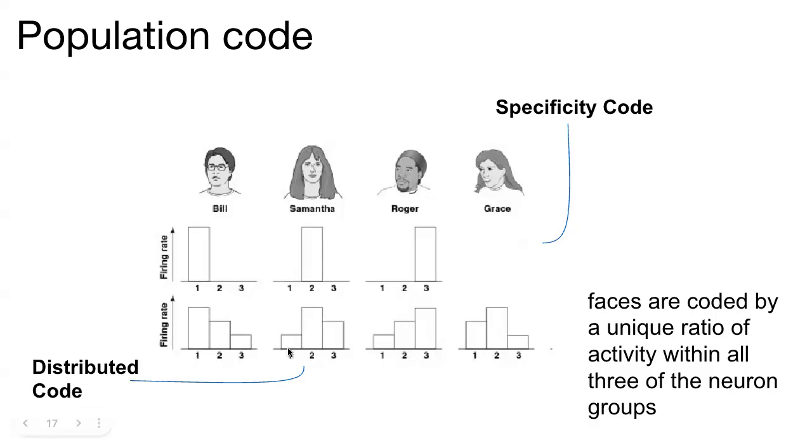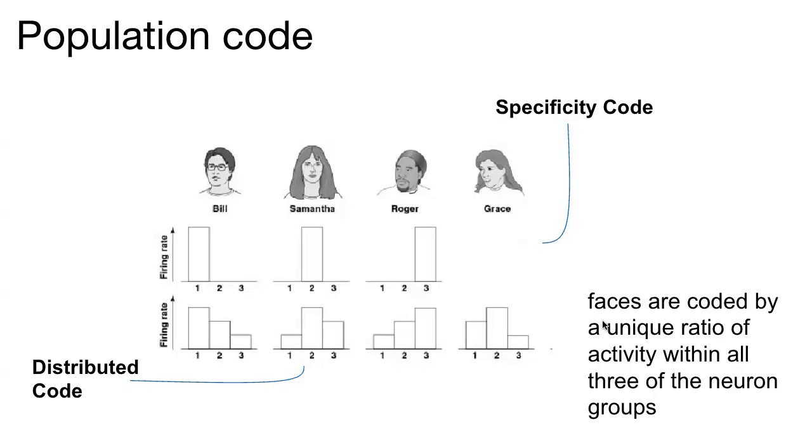I'm coding Samantha as a little red, a lot of blue, and somewhere in between green. I don't know what colors I use, but the colors match across. I'm representing Roger with this combination of colors, and Grace with this combination of colors. Now I could have more and more people added to my phone book, right?